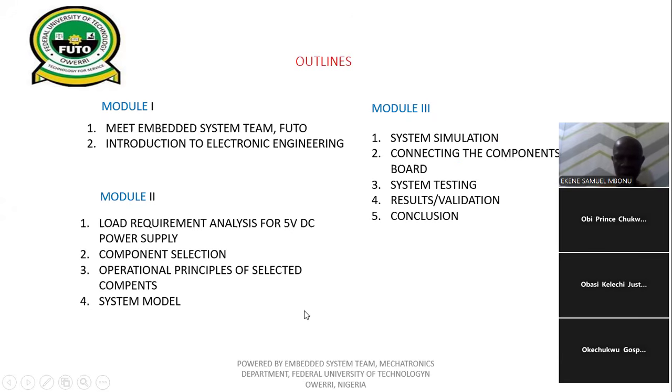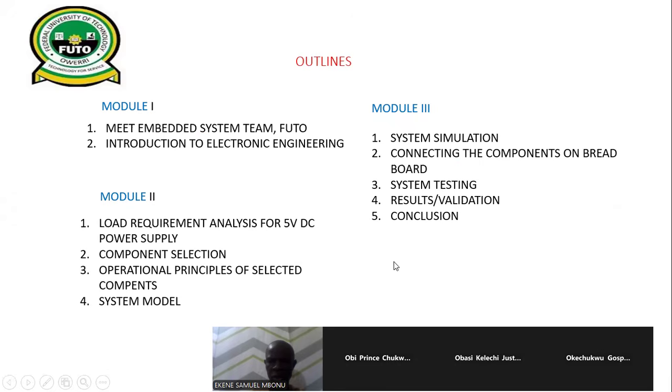The power supply will be modeled, and then there will be a tutorial section to end module 2. And then in module 3, which is the final module, the power supply design will be simulated. The components will be connected together on a breadboard before mounting it on a Vero board, after which the system will be tested and the results validated.